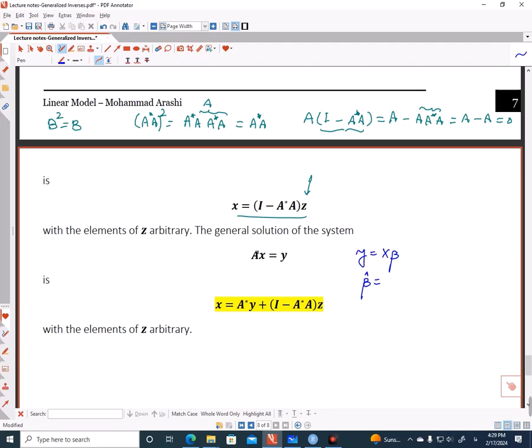Before going to this part, let's start from this guy. Here, Ax equal to y, we can easily find x as the generalized inverse of A multiplied by y. Write it this way: we can write Ax minus y equal to 0.